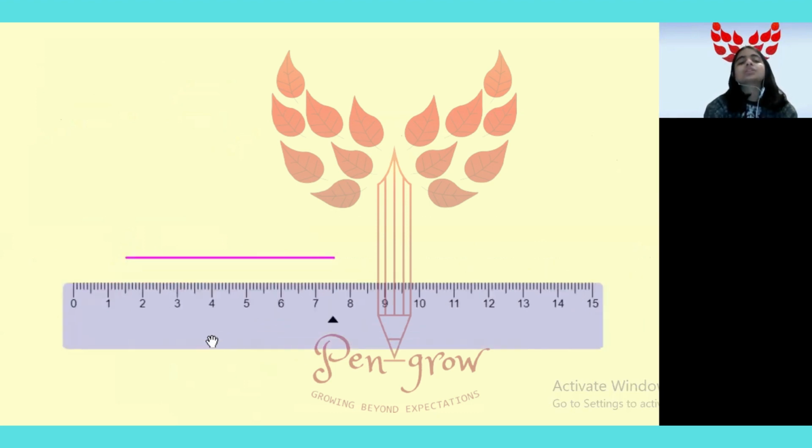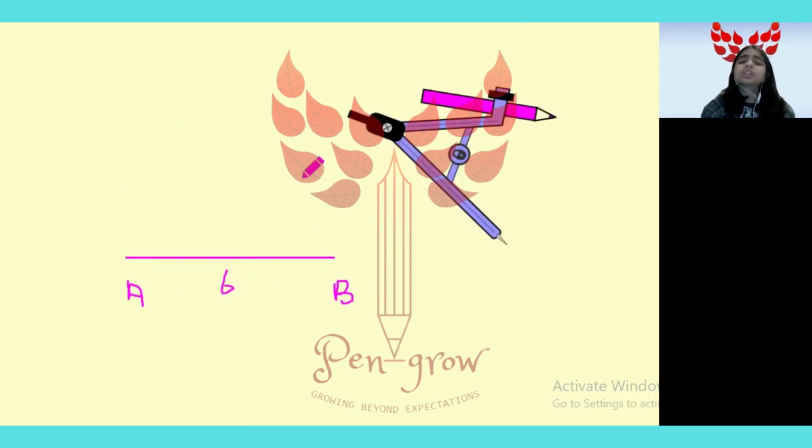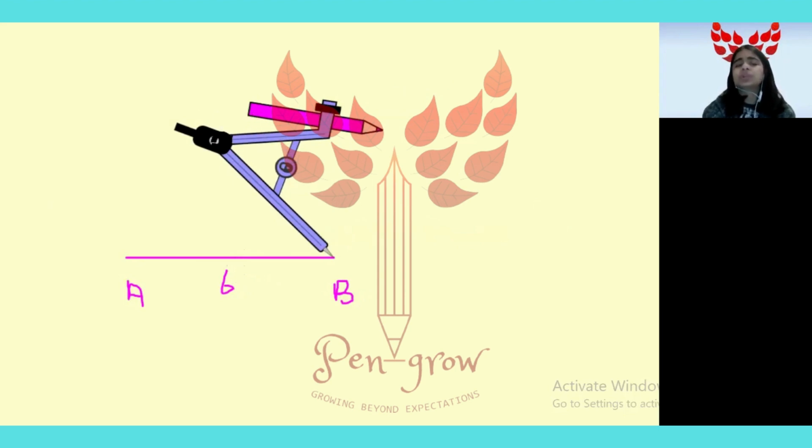Okay, so that's my AB. A, B. And then I need to make a perpendicular bisector. So it's very easy. You should open your compass more than 6. So if you remember from last time, it's opened at 4. So I can keep this only. That's not an issue, right?